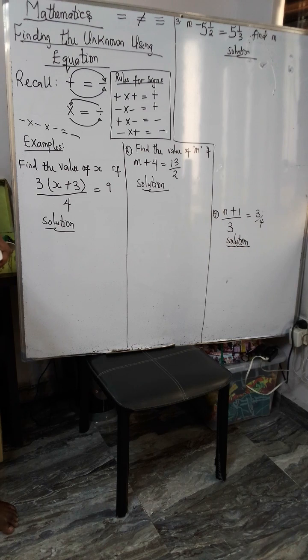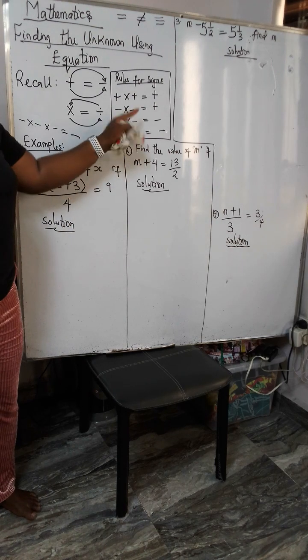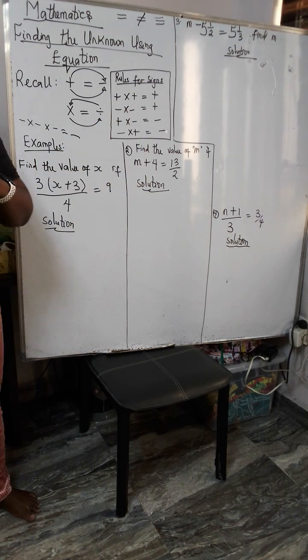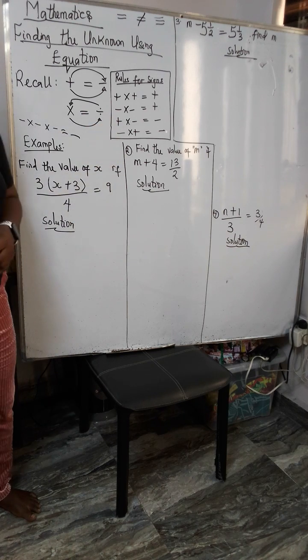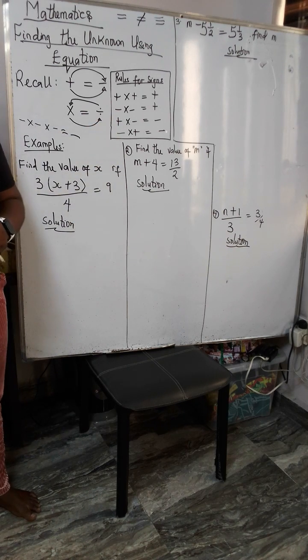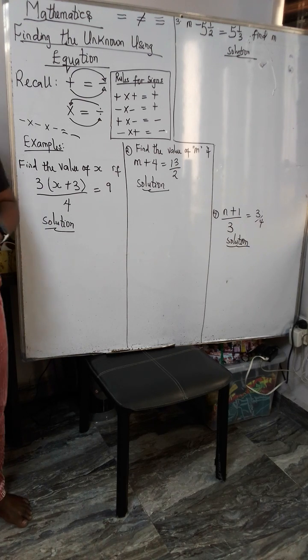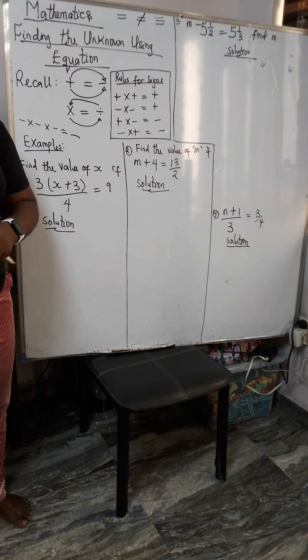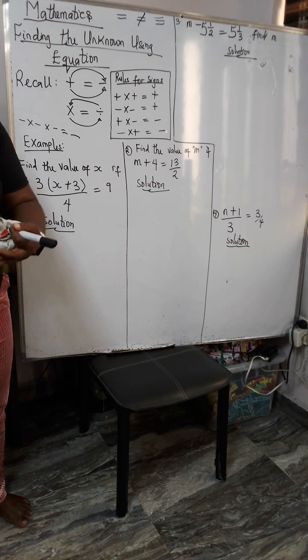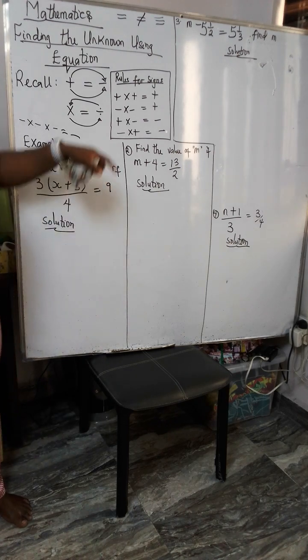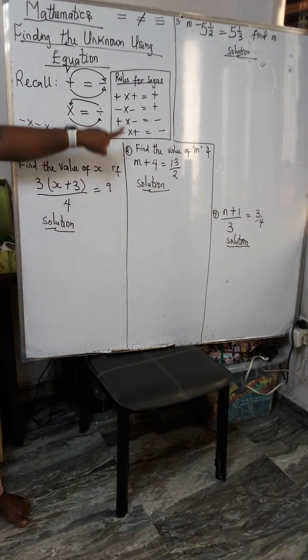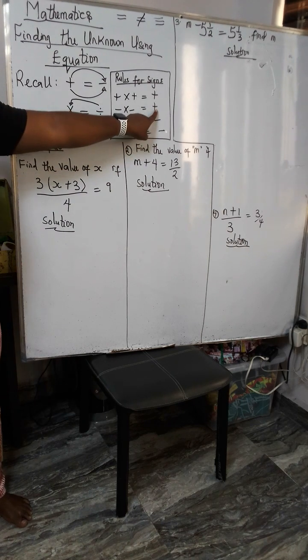What do I mean? When we multiply 2 negative numbers, 4 negative numbers, 8 negative numbers, as the case may be, provided the count of negative numbers is even, like 2, 4, 6, your answer must be positive. That's why minus times minus is plus here.